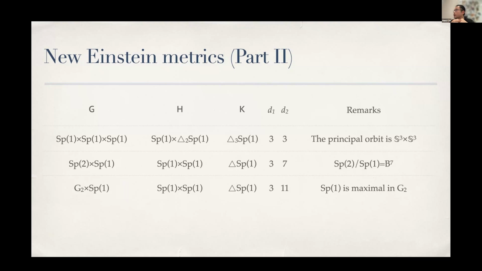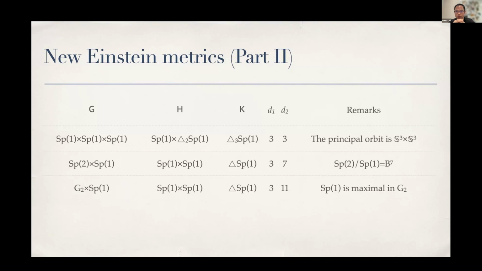We can still consider the cohomogeneity one system and construct examples on the product of spheres S4 cross S3, right? Because the principal orbit is S3 cross S3.